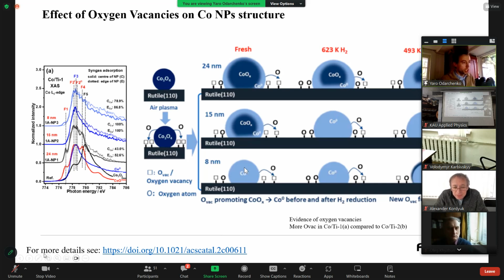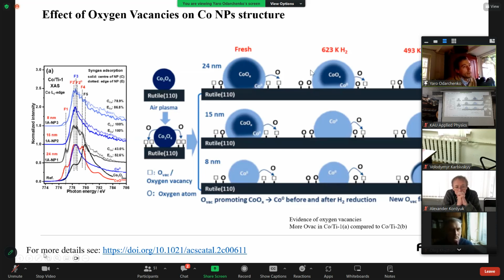Initially, cobalt is obviously oxidizing easily at ambient conditions, so initially we started from cobalt oxide, but as soon as we went to ultra high vacuum, we could already see that the small particles were easily reduced, though for the large particles there was only partial reduction happening.